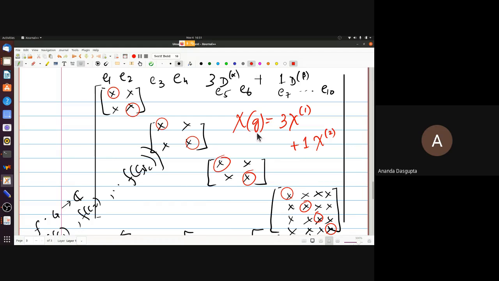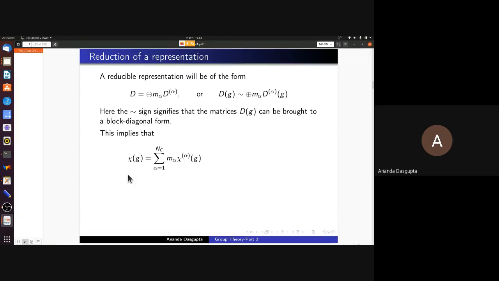Remember, this is chi_g, this is for one g. The point is, if you have a block diagonal structure, you will get the same block diagonal structure for every one of the group elements. And so this will follow. Now, the important thing is this will follow no matter whether you have got the block diagonal form or not. Even if you have not got the block diagonal form, the very fact that you can block diagonalize it by finding some similarity transformation is enough to say that this is going to work.